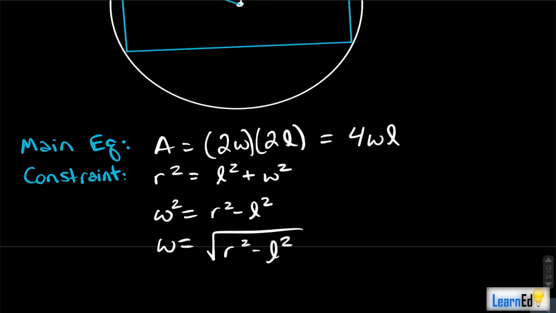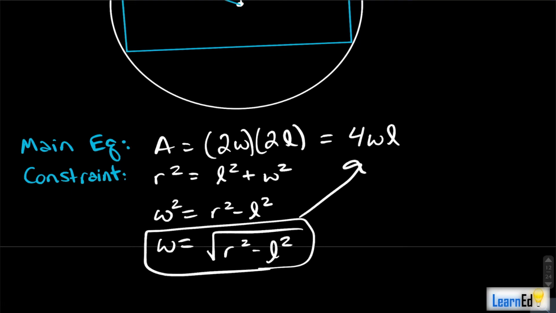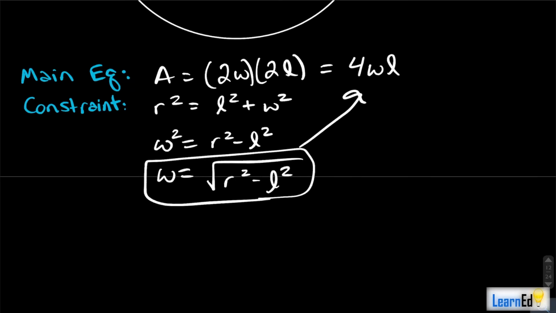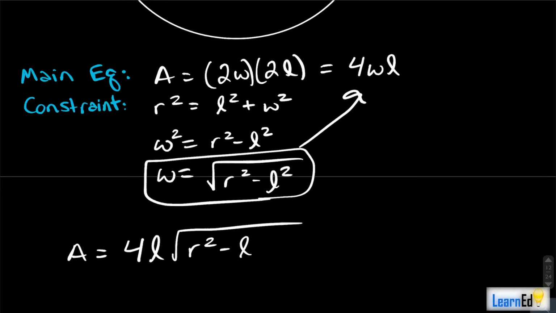We're going to plug this into the main equation, and that's how we get our radius incorporated. So area is going to equal 4L times the square root of R squared minus L squared.